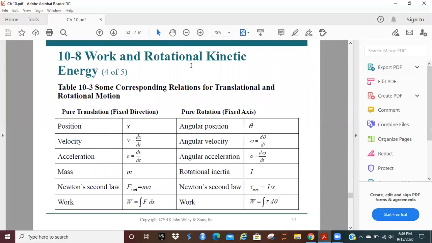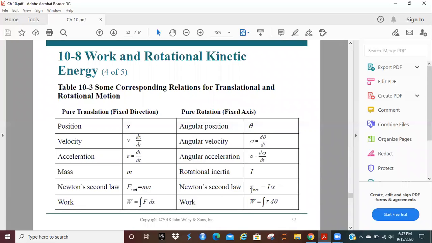So again, we have a table here which shows the differences between a purely translational and a purely rotational system. X corresponds to theta. The velocity corresponds to omega, which is your angular velocity. Acceleration corresponds to angular acceleration. Mass and rotational inertia are equivalent concepts.